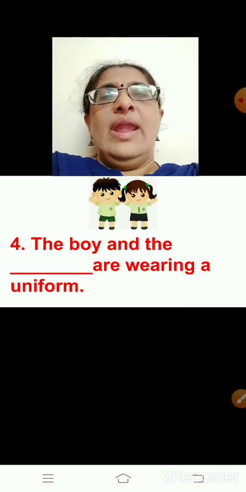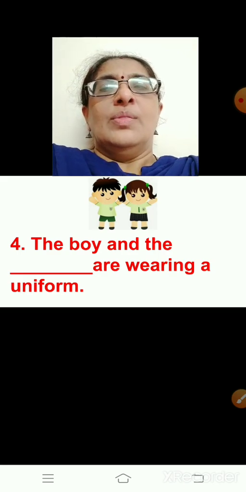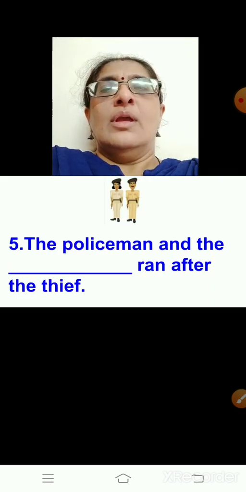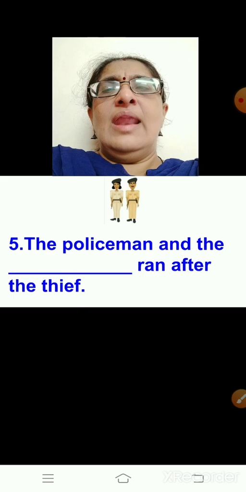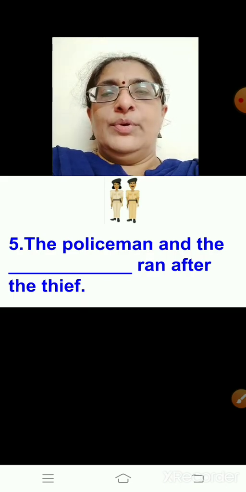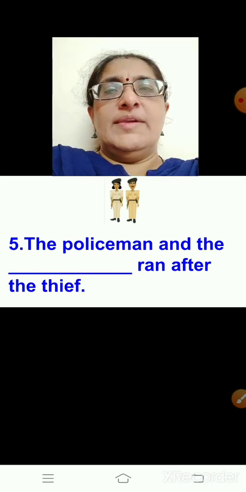The boy and the dash are wearing a uniform. The policeman and the dash ran after the thief.